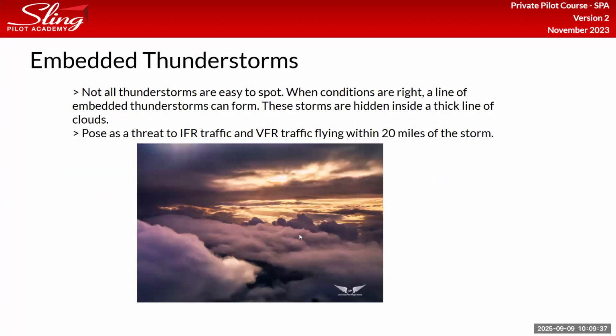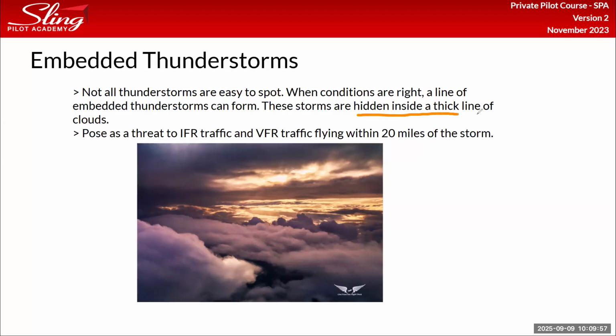Okay, embedded thunderstorms. Inside a thunderstorm, there can also be smaller areas of thunderstorms embedded inside that are not visible, hidden inside a thick line of clouds. So, obviously, this is the most dangerous threat to us in the air because we are not able to spot it visually.